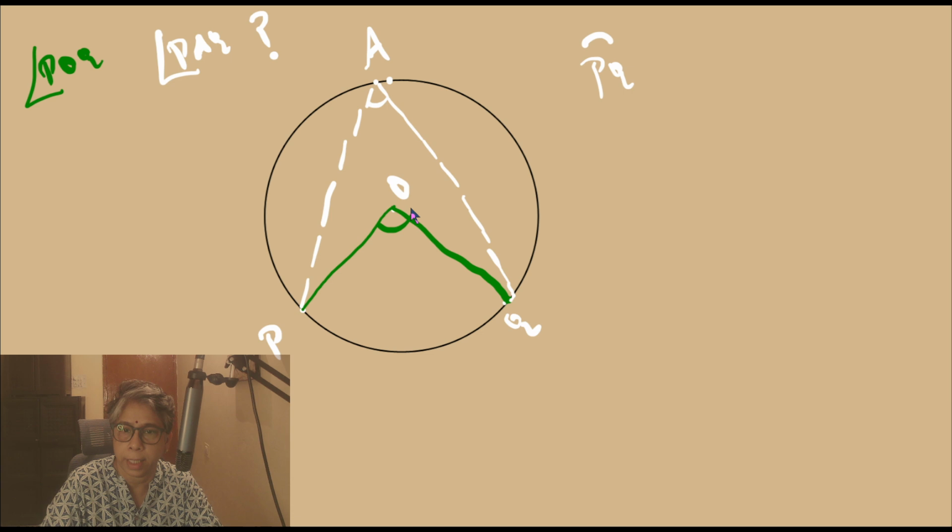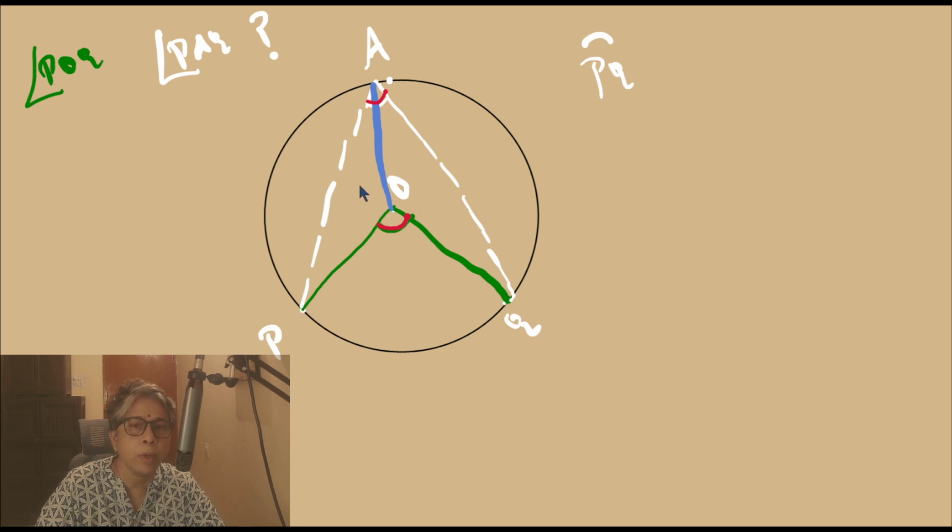Let me use blue color and join the two vertices. So I've joined OA, and now we are going to compare if there is any relationship between this PAQ and this POQ.